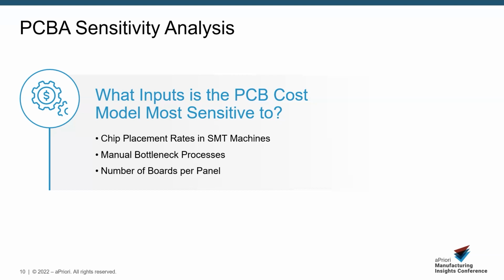And a lot of times that is driven by the placement rates of the SMT machines themselves. And it will gate other operations that it considers part of the SMT line by the throughput of the bottleneck process. However, aPriori will not pace the SMT operations based on manual operations at the end.